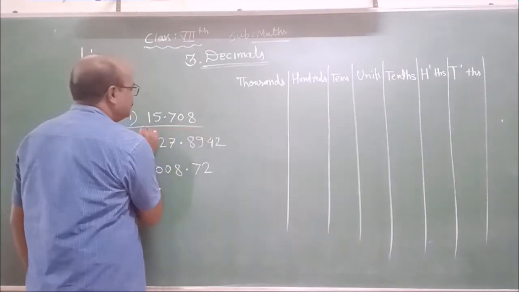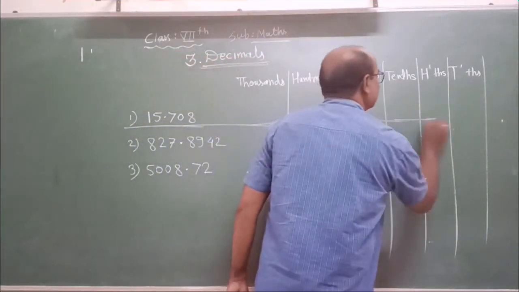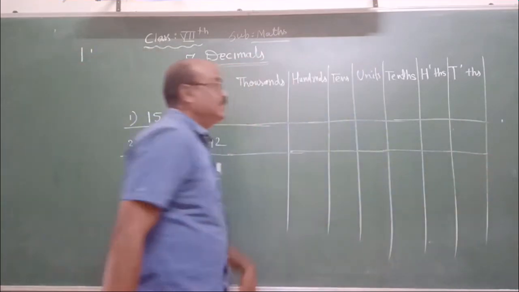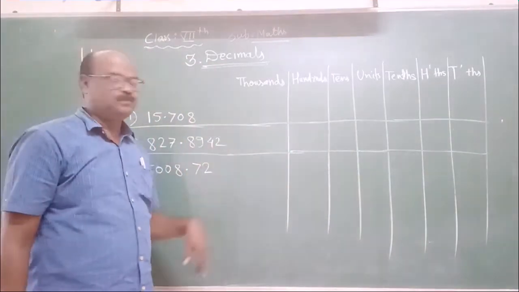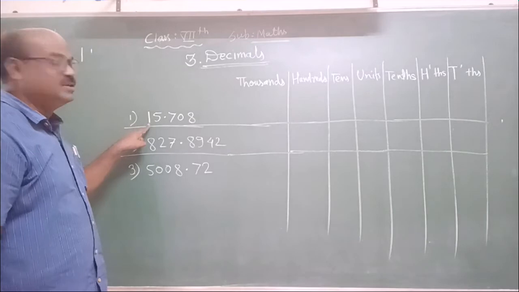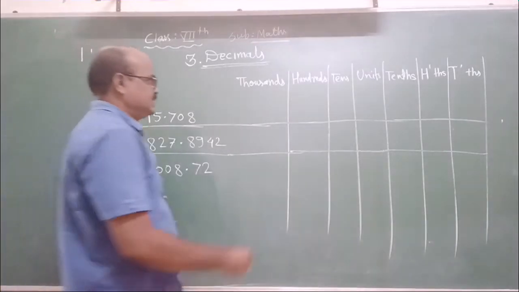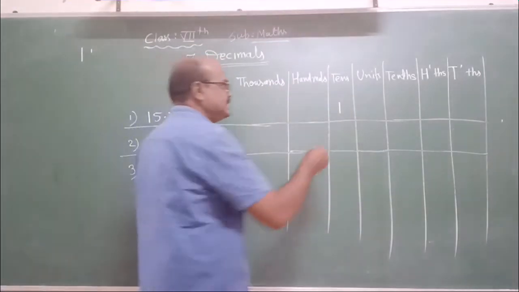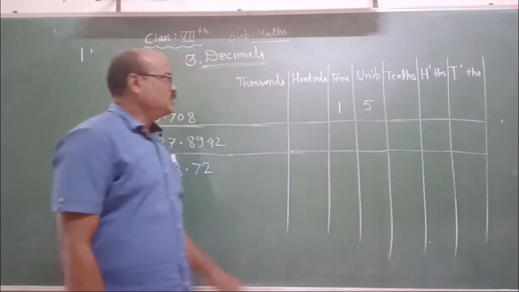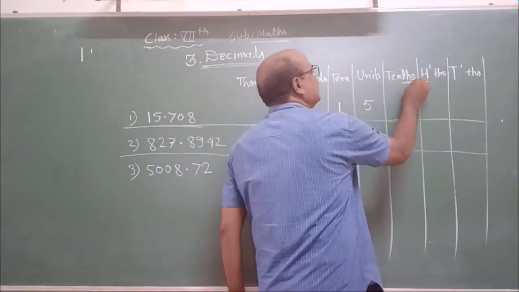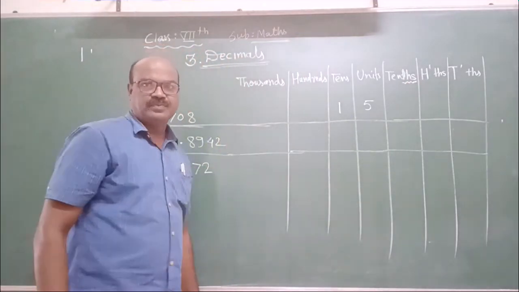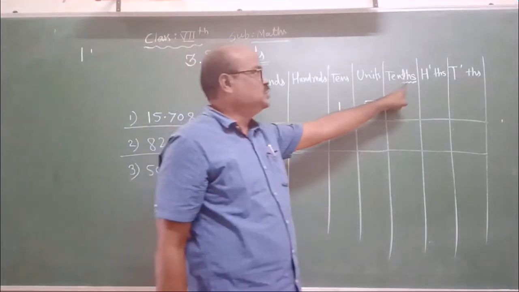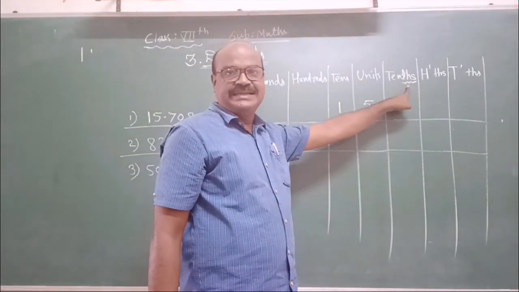If we consider the first decimal, let us try to fill this table. Here, 1 is at tens place, 5 at units place. Now, you know that after the decimal point, on its right part, we use the letters th.